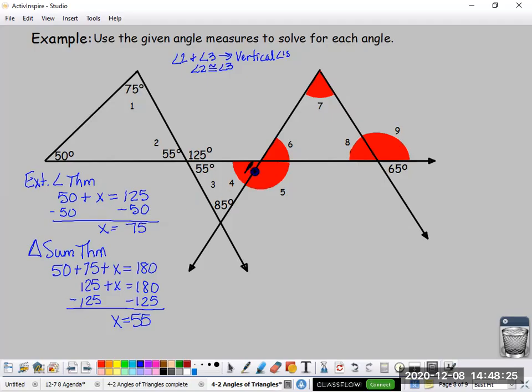So now to find 4, we can use the triangle sum theorem. 55 plus 85 plus angle 4 equals 180. So combine your like terms, that's 140. Subtract the 140 from both sides, and our unknown angle is 40.